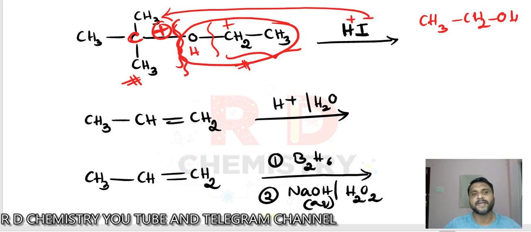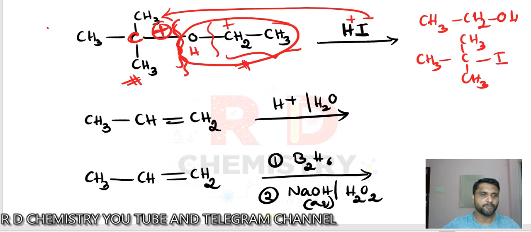This is based on the mechanism, the tertiary carbocation being stable. Only this is the exception. Remember, whenever an ether has a tertiary butyl group, iodine goes with the tertiary butyl group instead of going to the smaller alkyl group. Okay, got it? So therefore, it will be CH3C(CH3)2-I, that is (CH3)3C-I. Clear? This is very important.